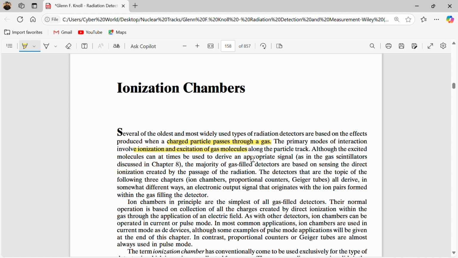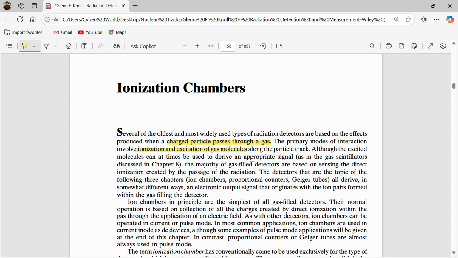The detectors that are the topic of the following three chapters, which we already discussed, are ion chambers, proportional counters and Geiger tubes. We already discussed these topics in previous videos. All derive in somewhat different ways an electronic output signal from what happens within the gas filling the detector.